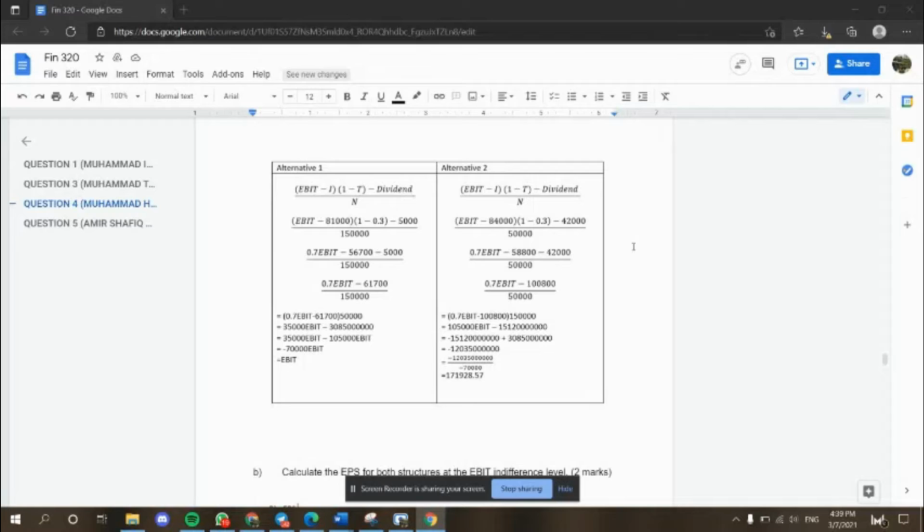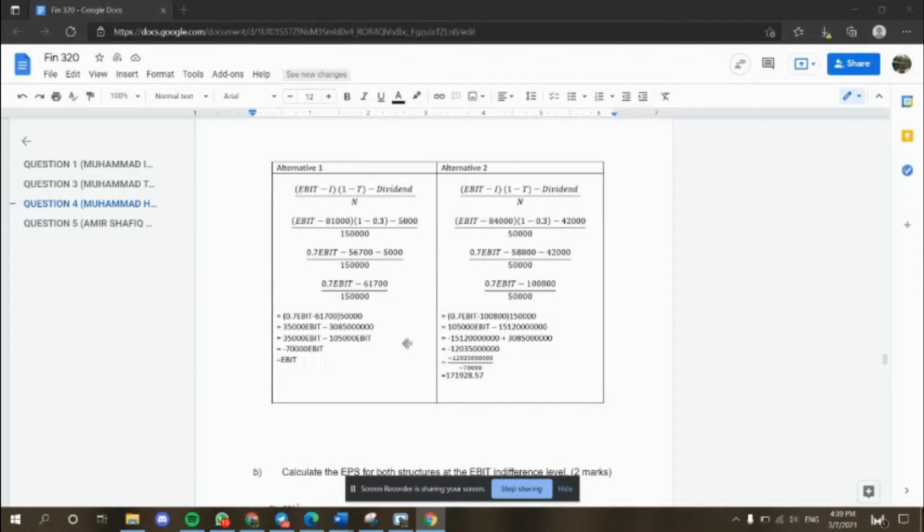Okay, then we need to use the EPS formula, that is EBIT minus interest, times 1 minus tax, minus dividend, divided by the number of common stocks. Then to make the calculation easier, I move 150,000 to the right side and 50,000 to the left side.